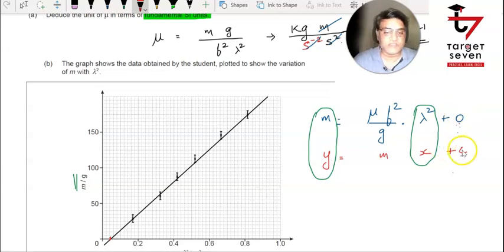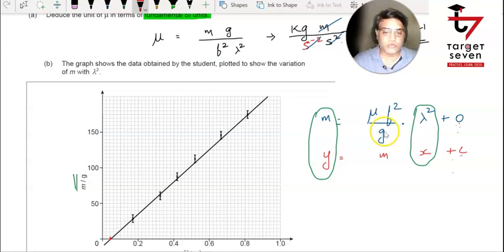However, in this particular scenario, it is not equal to 0. That is an indicator enough that there is a systematic error. Now, is there any other methodology as well to identify whether there is a systematic error or not? Well, the answer is, of course, a yes. The gradient here should have been mu times f square upon g.